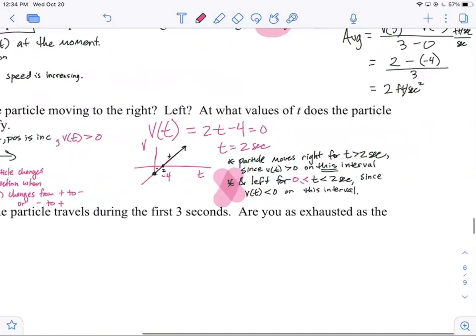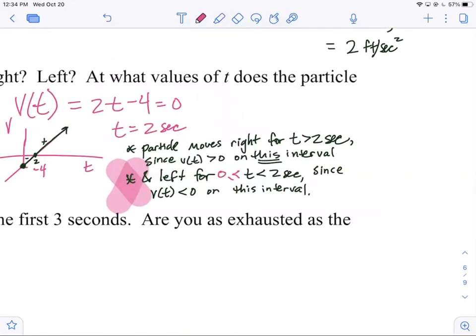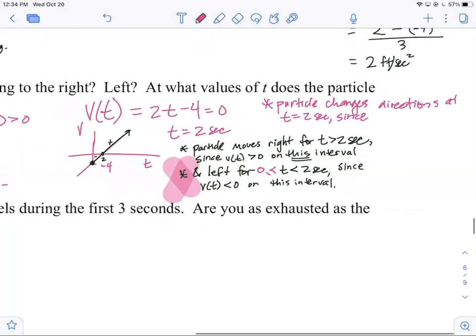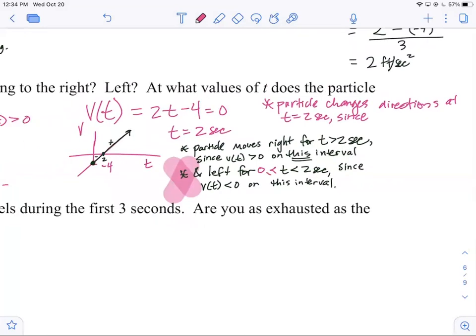All right. And then for what it's worth, just to finish this problem, and then we'll go to lunch. Particle changes directions at t equals 2 seconds, comma, since. Do we have to say because v of t equals 0 there? No. Some people only put because v of t equals 0 there.